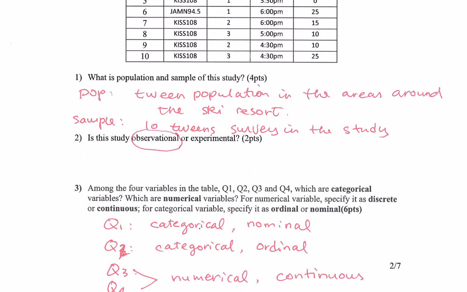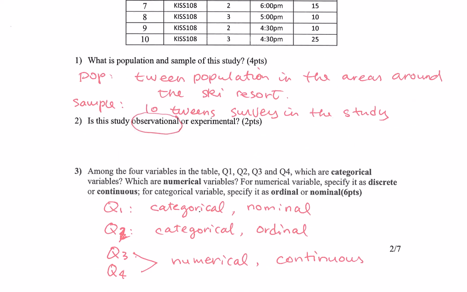Among these four variables, we can easily specify them as categorical or numerical. Obviously Q1 and Q2 are categorical, and Q3 and Q4 are numerical.